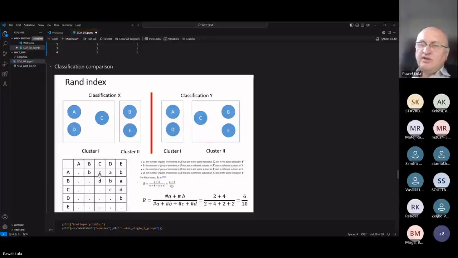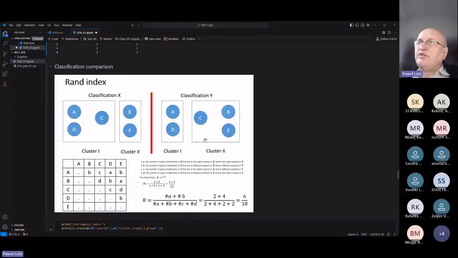Letter C represents the situation in which two objects are in the same cluster in the first classification and in two different clusters in the second classification. C is here, between A and C. Here, these two objects are in the same cluster. Here, they are in two different clusters.